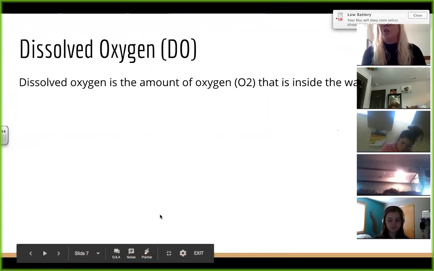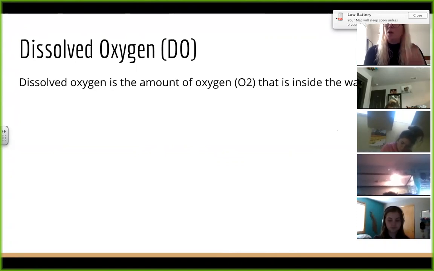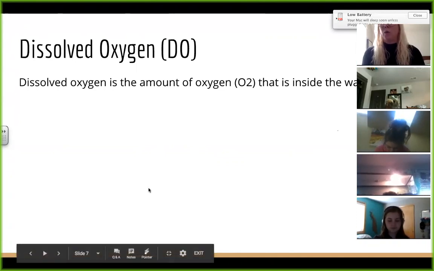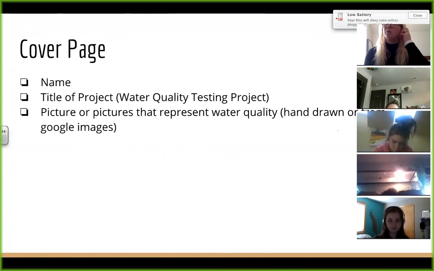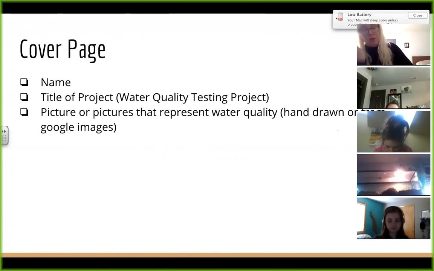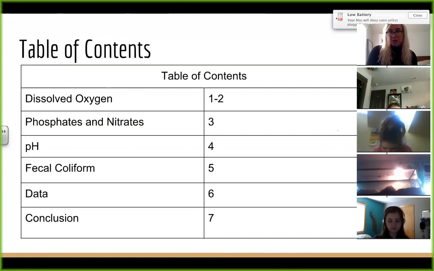It is the amount of oxygen that is dissolved in water. Okay, so really quickly, while I am grabbing my charger, you guys could actually open up a PowerPoint right now. You could start typing out your cover page and working on your table of contents page.